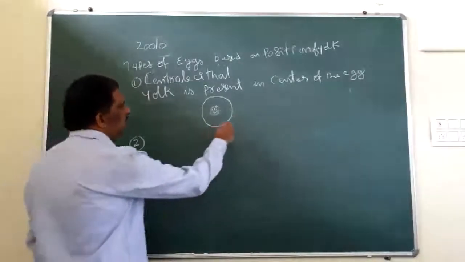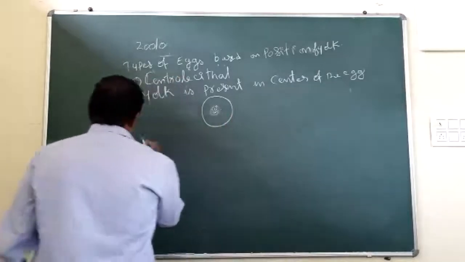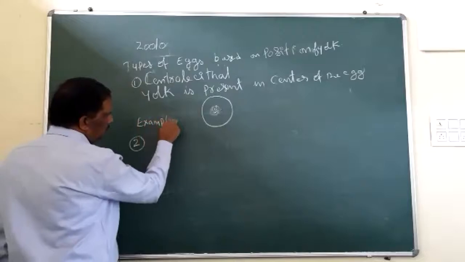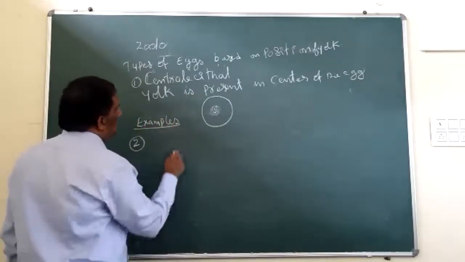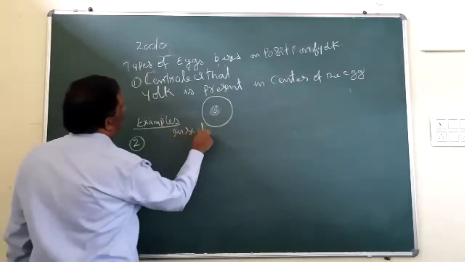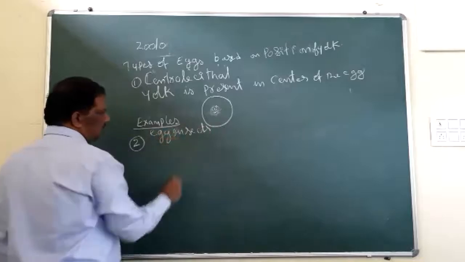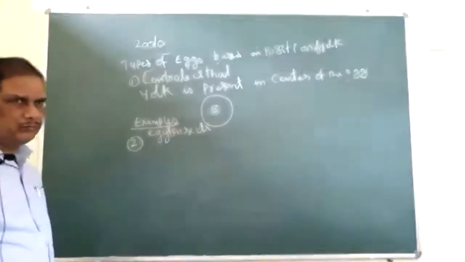Examples of centrolecithal eggs are the eggs of insects.